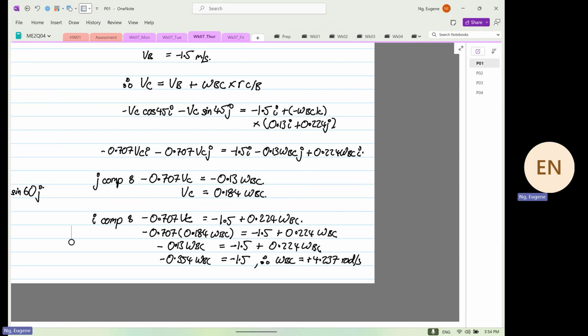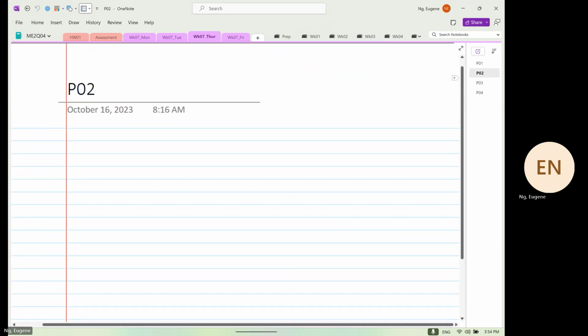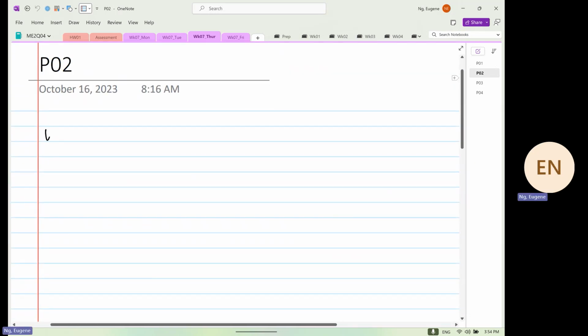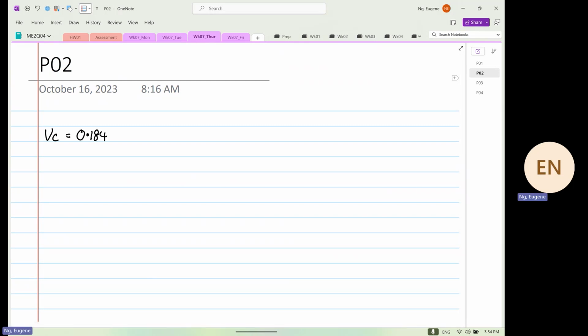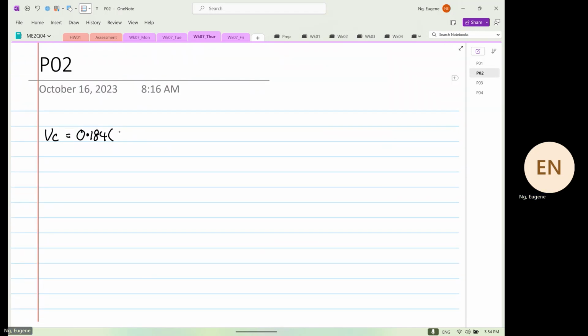And from here, with 0.184, we can find VC. So VC is equal to 0.184 multiplied by 4.237. So this is equal to 0.184 times 4.237.